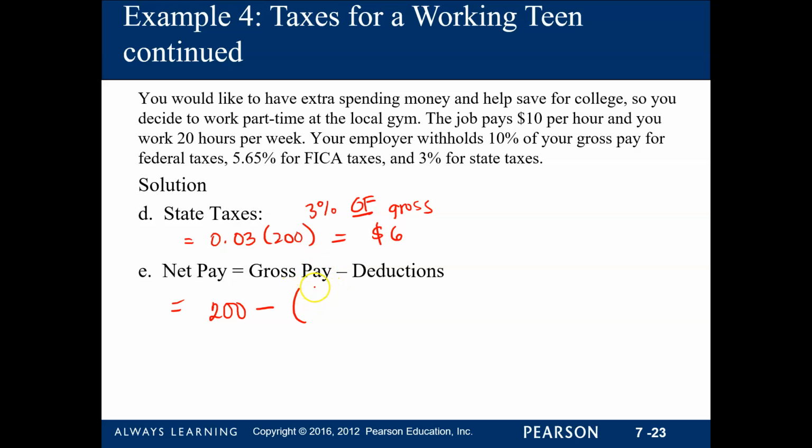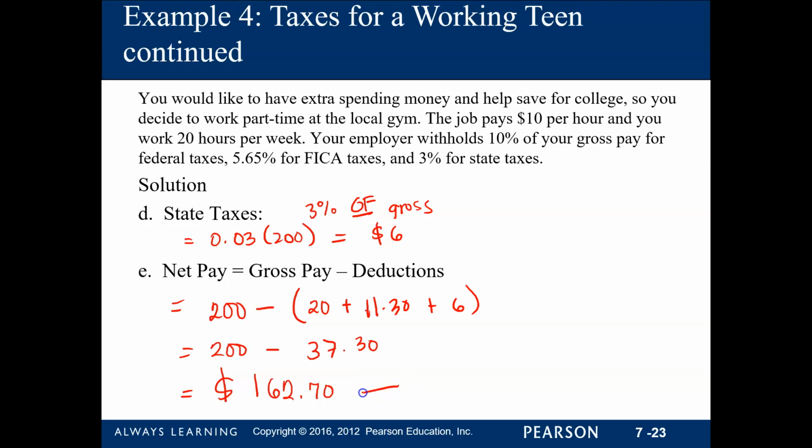The federal tax is $20, the FICA tax is $11.30, and the state tax is $6. So you remove all of those amounts. This is 200 minus the total deduction, 31 plus 6, which is 37.30. And so what you will be able to take home is $162.70. This is your take home or your net pay.